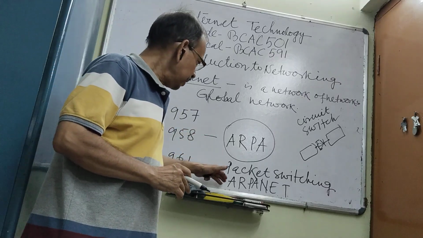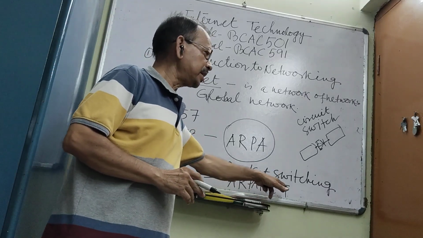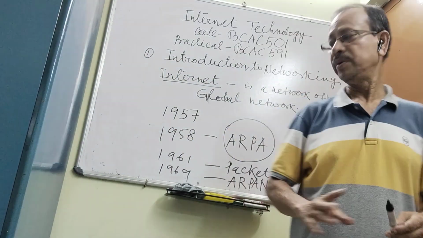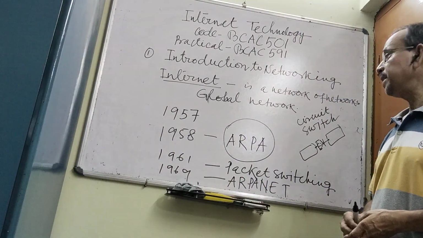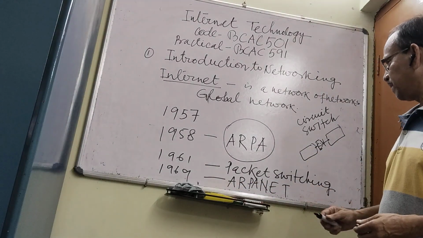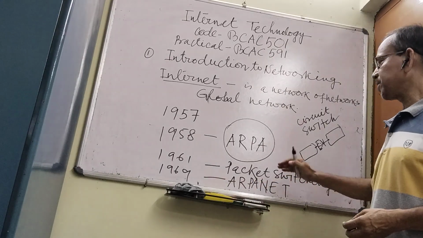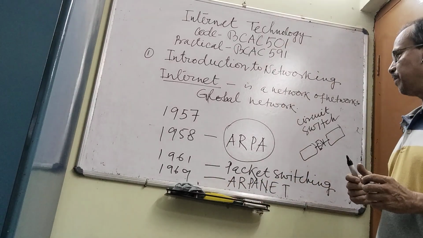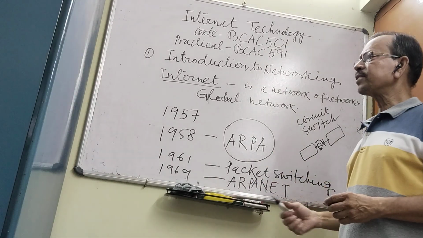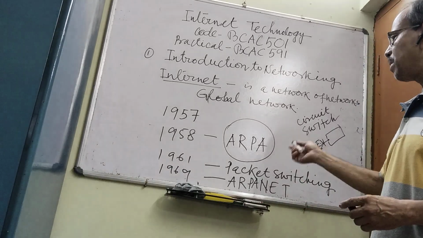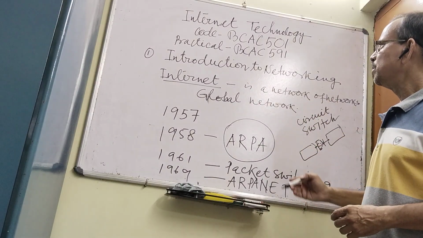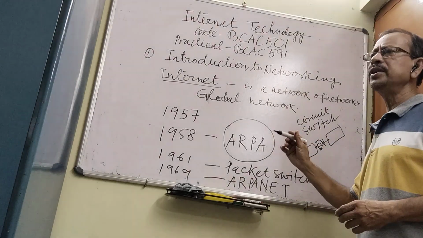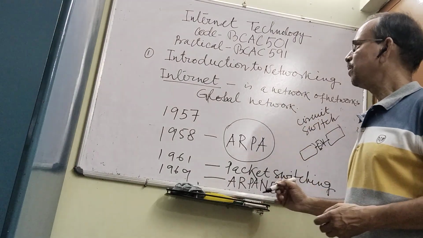The actual internet was developed in ARPANET for defense, for their communication. The main purpose is communication. After that, there are so many things. You know that the WWW and other things were also developed. So this is the history.